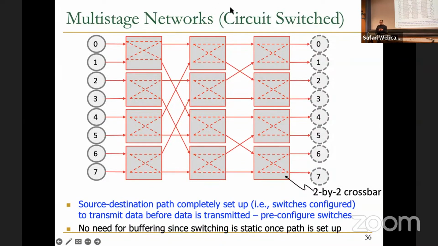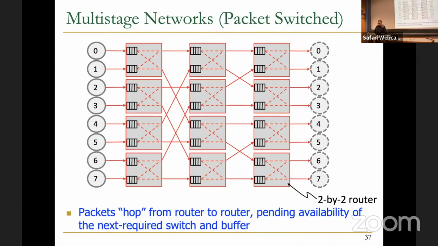You create a circuit from source to destination. You reserve paths, and once your circuit is established, you use that circuit to send your messages. And this is packet switching that I already mentioned.